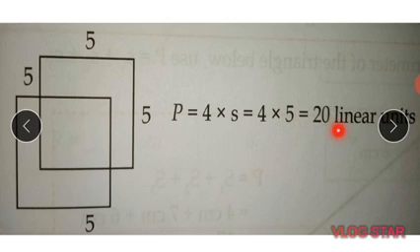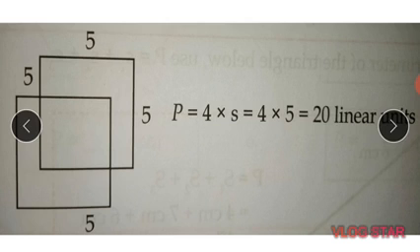So the perimeter of a square with sides of 5 units is 20 linear units. Just add the length of this side, this side, and this side to get the perimeter of a square. Very easy.